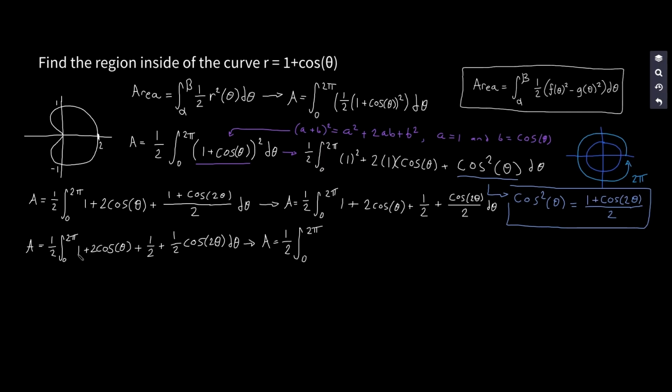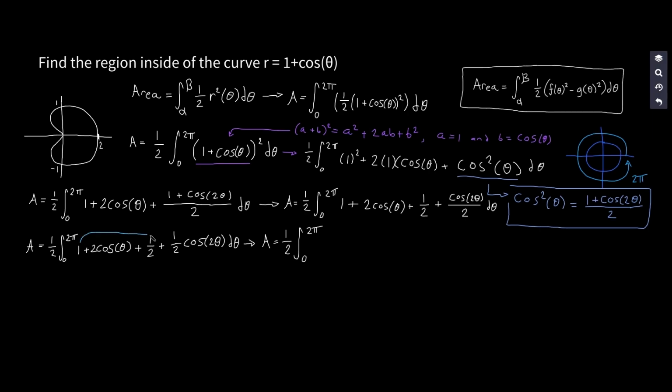Because I rewrote this, I disconnected this 1/2. You watched me disconnect the 1/2, and then I brought that 1/2 out front for the 1/2 times cosine of 2 theta. I brought this 1/2 out front because I wanted to combine like terms.